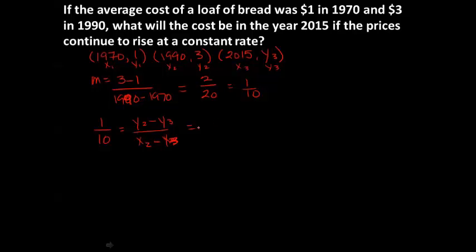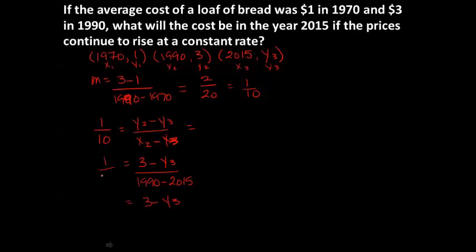Okay, let me come down this way, it'll be easier. So y2 is 3. I don't know y3. x2 is 1990. x3 is 2015. So that's going to be 3 minus y3.